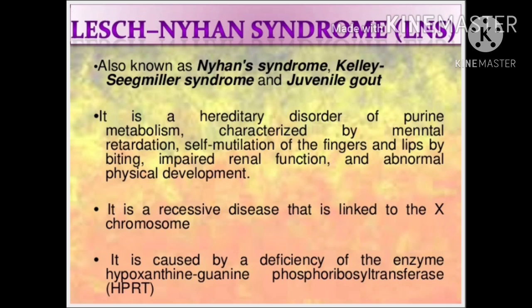Of which self-mutilation is an easily observed symptom of this disorder. Okay, it's a recessive disease that is linked to the X chromosome. It is due to the deficiency of an enzyme known as hypoxanthine guanine phosphoribosyl transferase. It is an essential enzyme involved in purine metabolism.